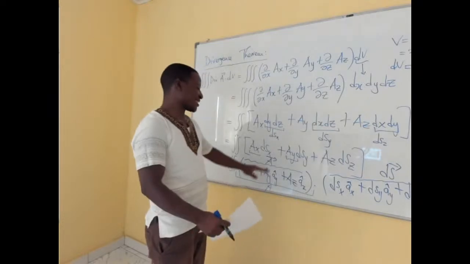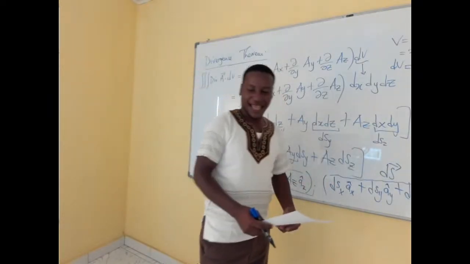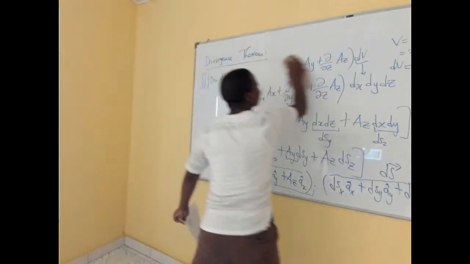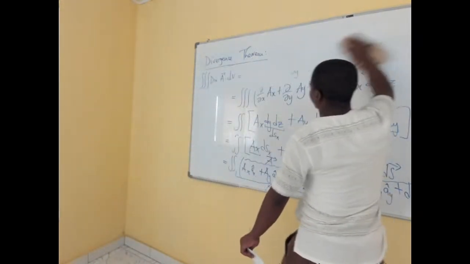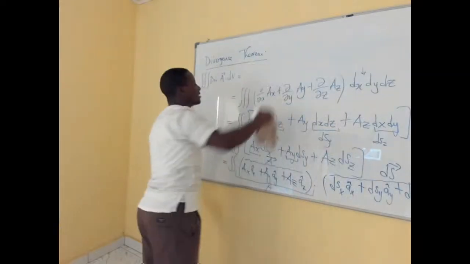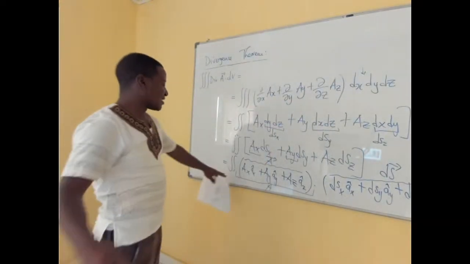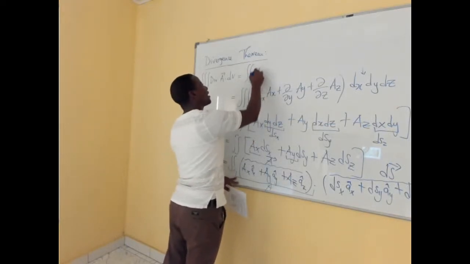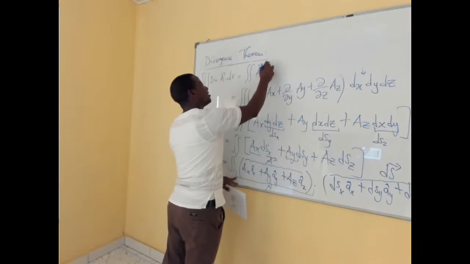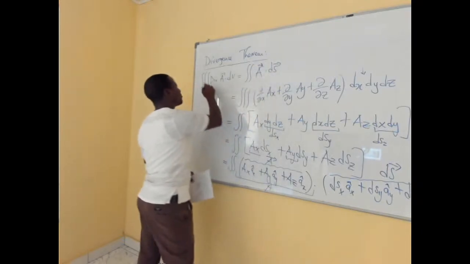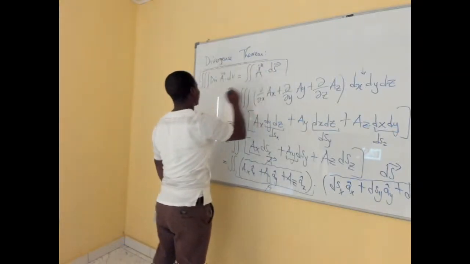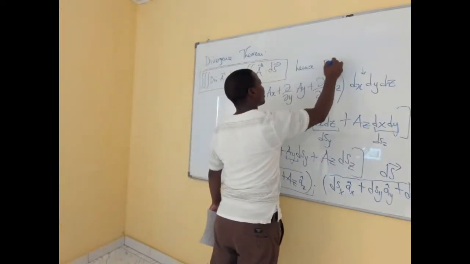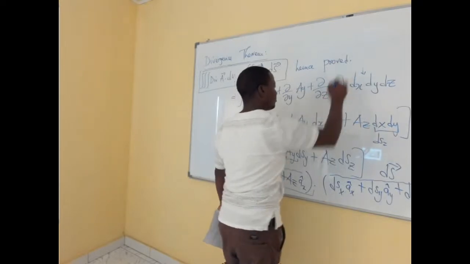So this is A dot dS. And then from there, you just push it on top here. We have proved that actually it is the same as the double integral of A into dS, and they proved it as simple as that. So, hence, proved. All right.